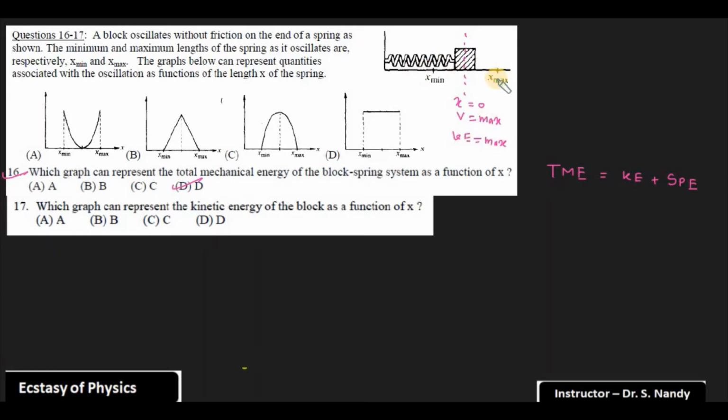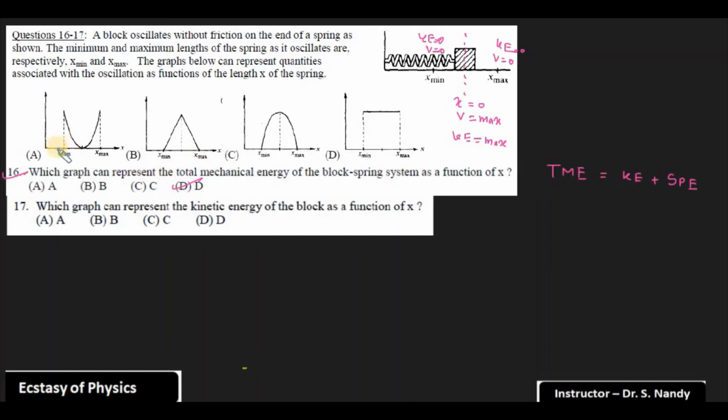And at the two extreme positions, x max and x min, the object will come to rest momentarily. So the velocity v must be 0, which means its kinetic energy should be 0 at the two extreme positions. Now let's analyze the graphs.